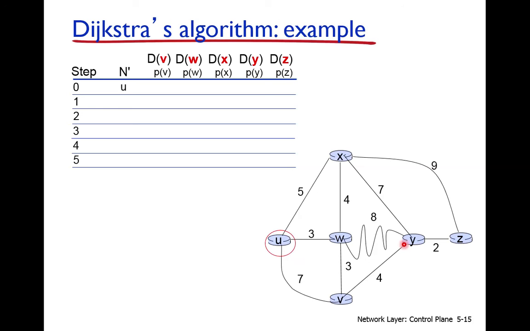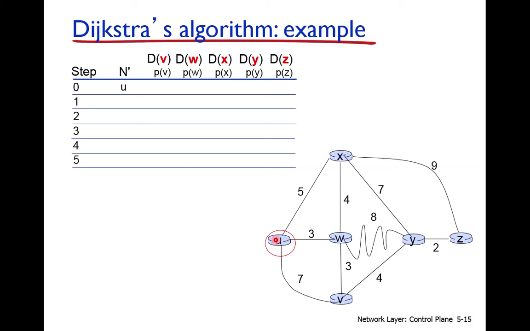And from U to Y it is infinite, because from U I cannot access Y directly. If I cannot access directly, it means that it is infinite. Similarly, the cost from U to Z will be infinite, because when I am standing at U, at this moment I only know about U, because only U is in the list.